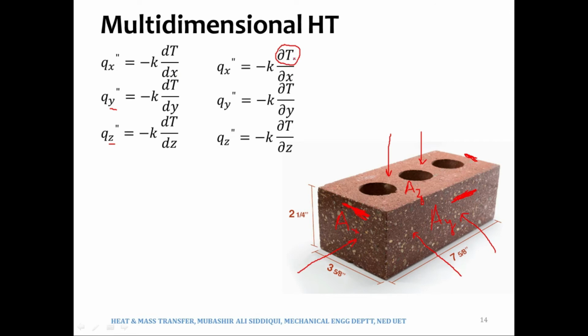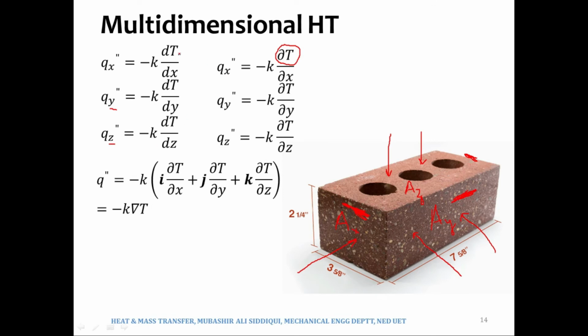That would make it a case of partial differentiation. So we should be using the partial derivative symbol instead of the letter d, just to denote that now T is depending upon more than one parameter, meaning x as well as y as well as z.